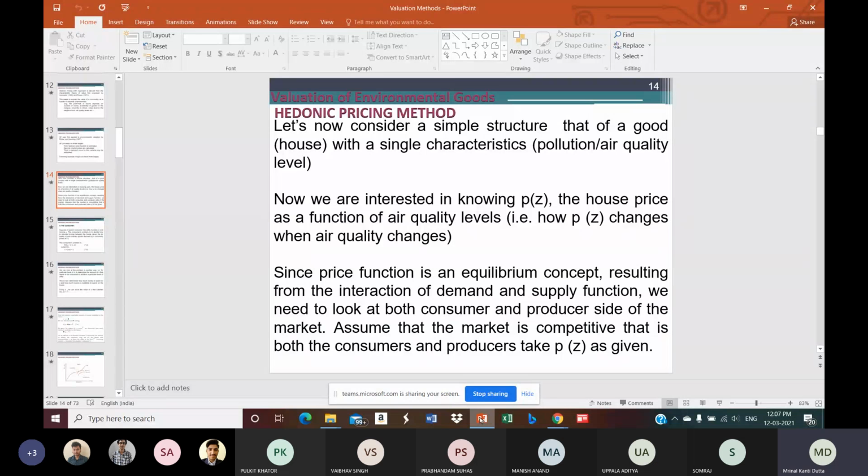We'll try to find out that. We'll try to have a demand function and see how different prices will be, or how much people will be interested in paying for the perceived differences in the quality of the environment, and accordingly, these prices will be reflected in the housing prices. So that way it goes.